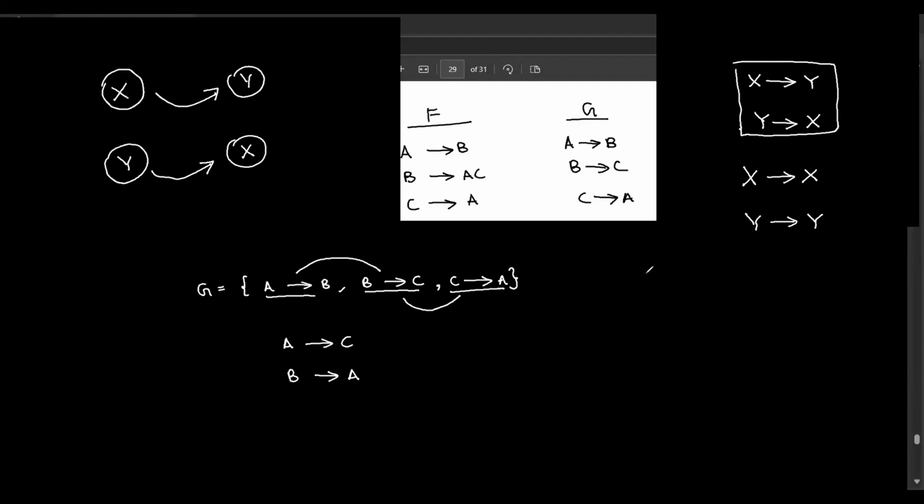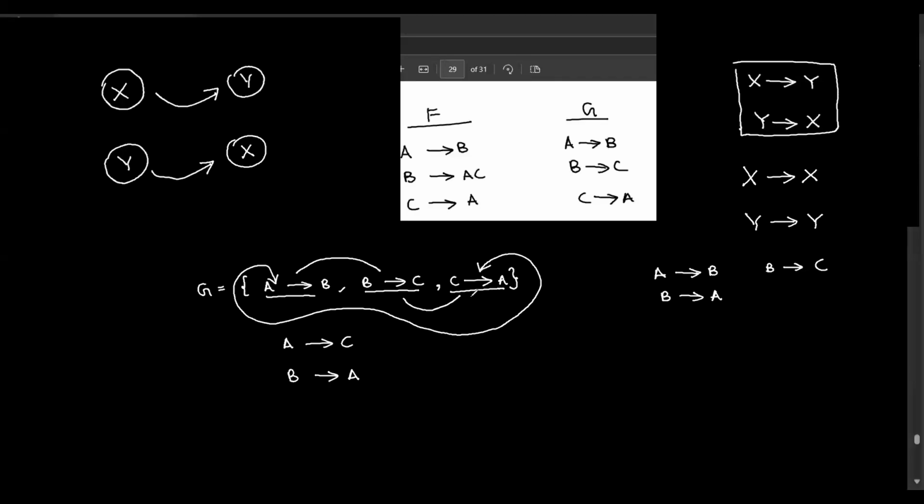So we have A functionally determines B, and we also have B functionally determines A. And we have B functionally determines C, and I can apply the transitivity rule for these two also.